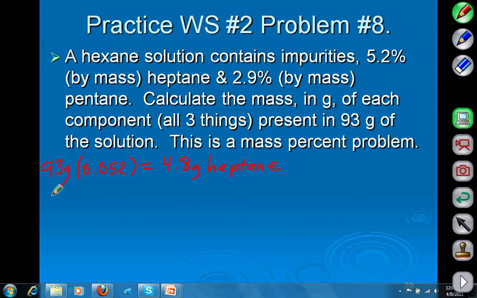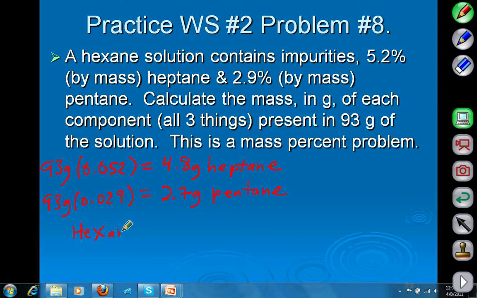So of the 93 grams, 4.8 grams of it is heptane. Now we'll take 93 grams again, and multiply it by 0.029. We took 2.9% and changed it into decimal form, and we multiply those numbers together, and we get 2.7 grams of pentane.